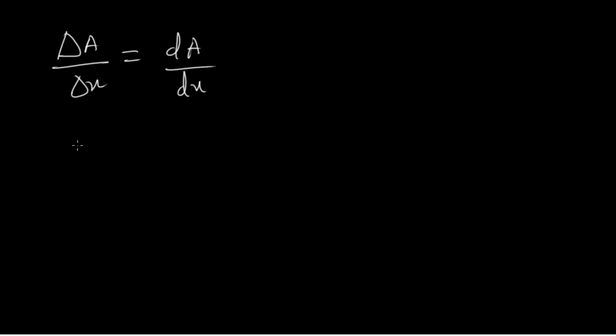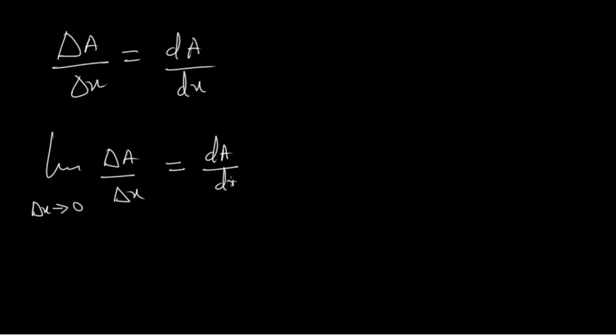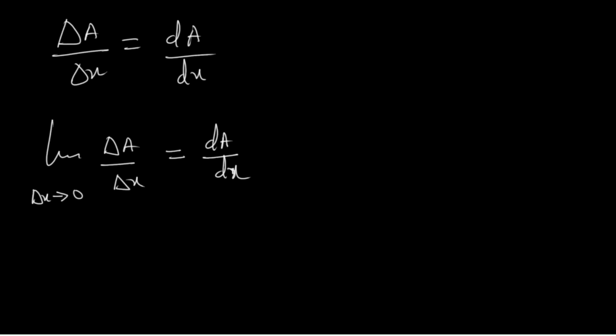So the same thing I'm going to write here, the limit of dA over dx as dx tends to 0 is equal to dA over dx. So we know this from first principle.